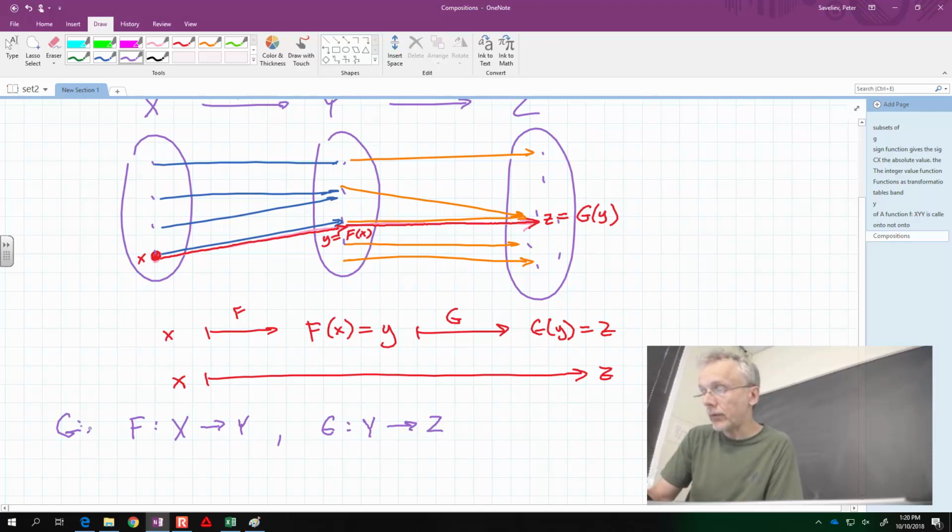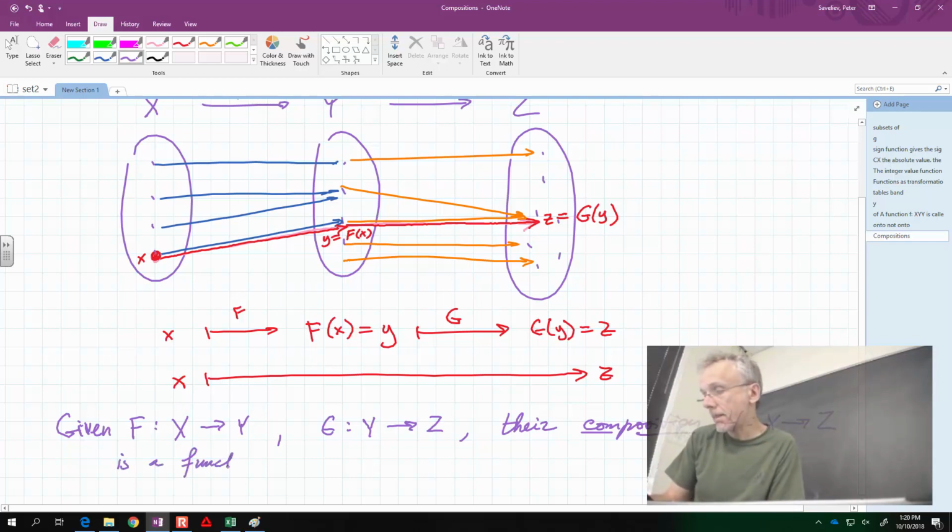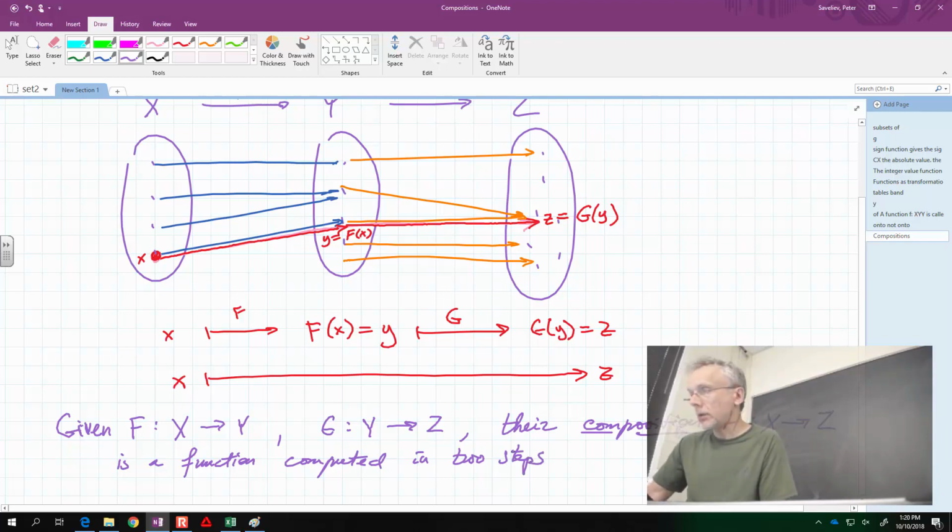So given two functions, their composition, say h from x to z, where y is disposed of, is a function computed in two steps, which I already have here.